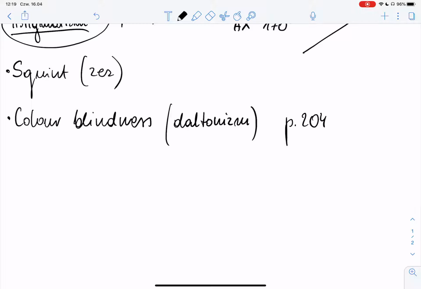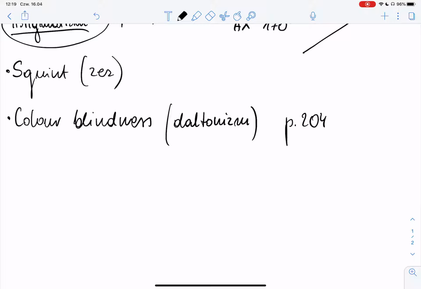If you are able to tell what number, usually they are numbers, what number is drawn in one of those, then basically you're not colorblind. If it appears totally the same for you, that means that you might be touched by a certain kind of color blindness.